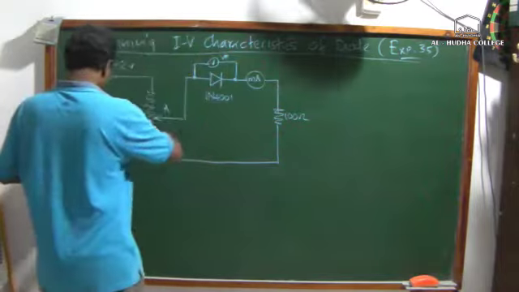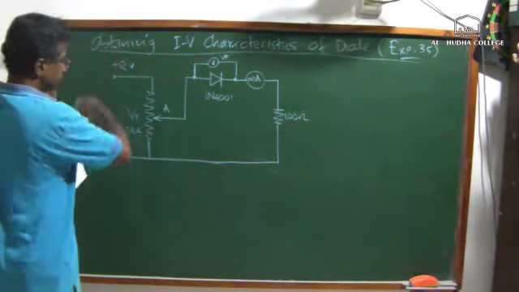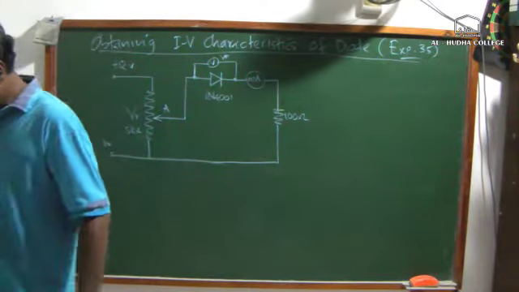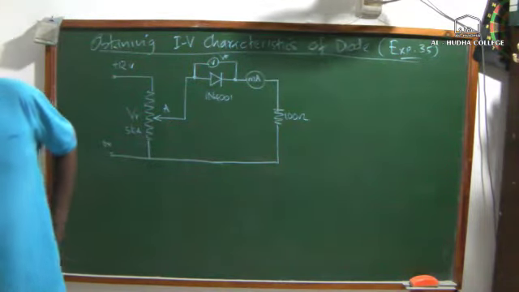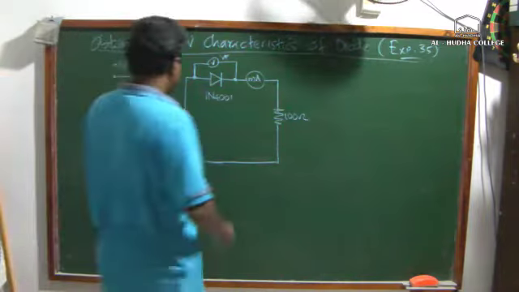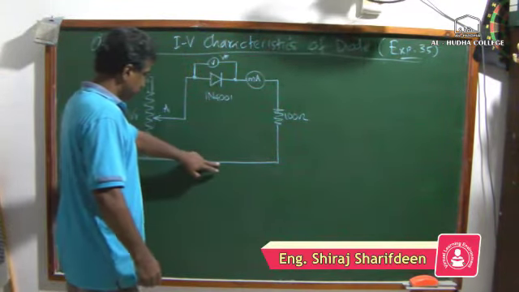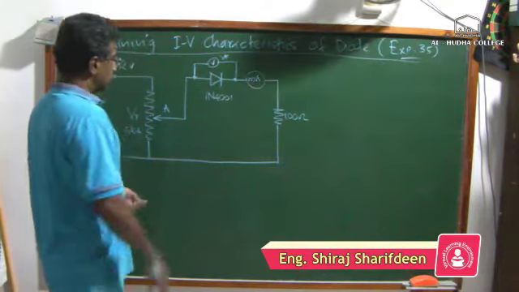Now this whole setup is for forward biased characteristics. The reason they say is the reverse bias current is so small that it's very difficult to measure it in the lab, right?